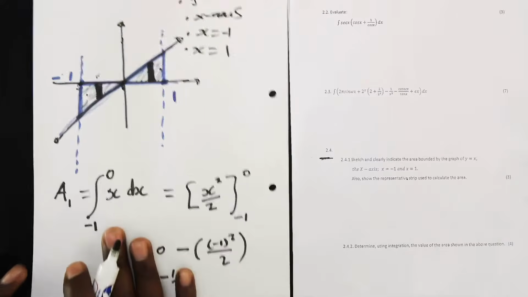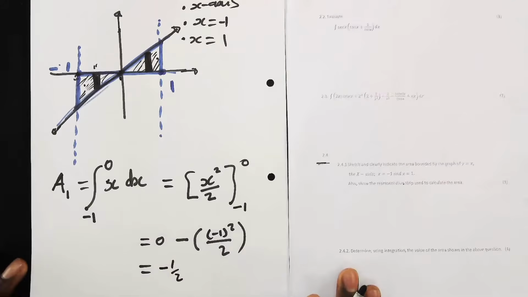But if you understand mathematics, or what we call vectors and scalars, if you remember in science, those who do science, this just represents what, when you have a negative area. We don't have a negative area, but the negative value here shows that the area is below the x-axis.